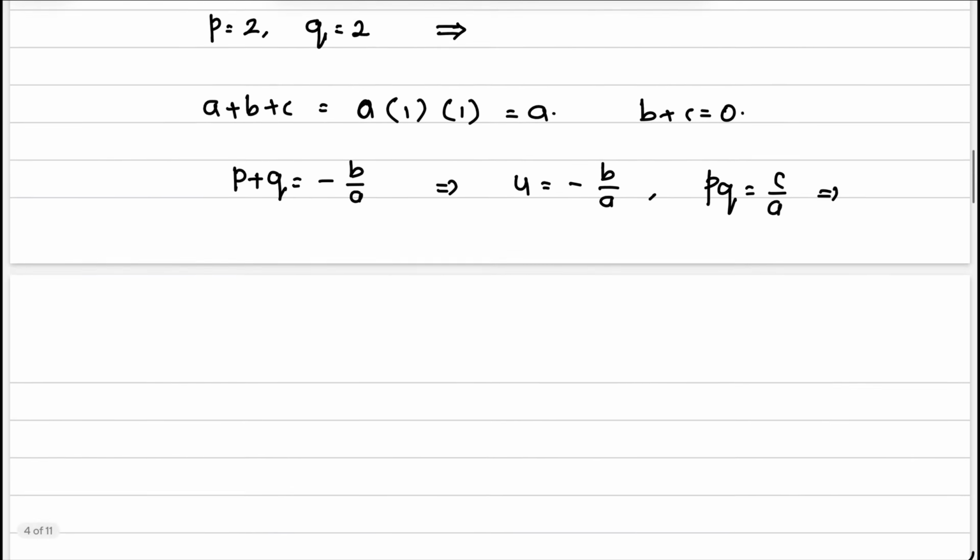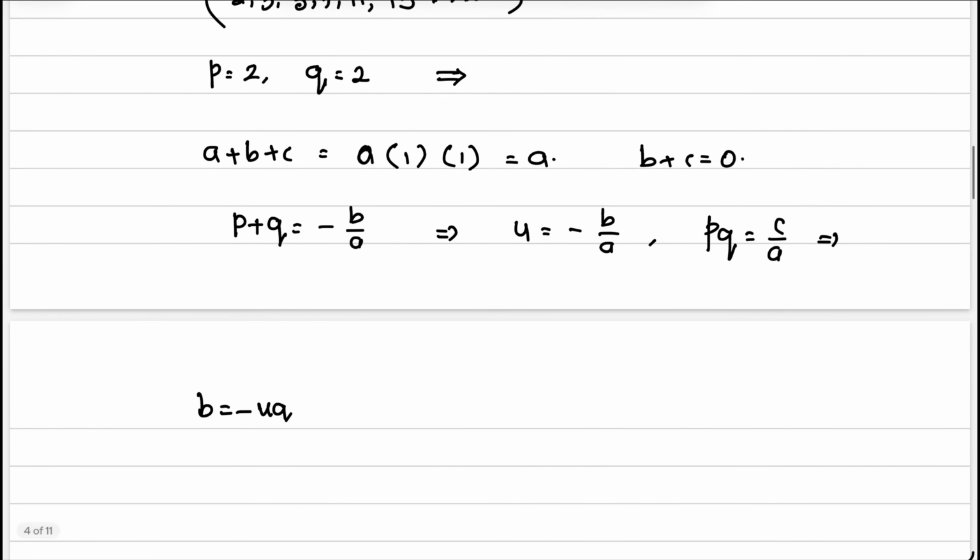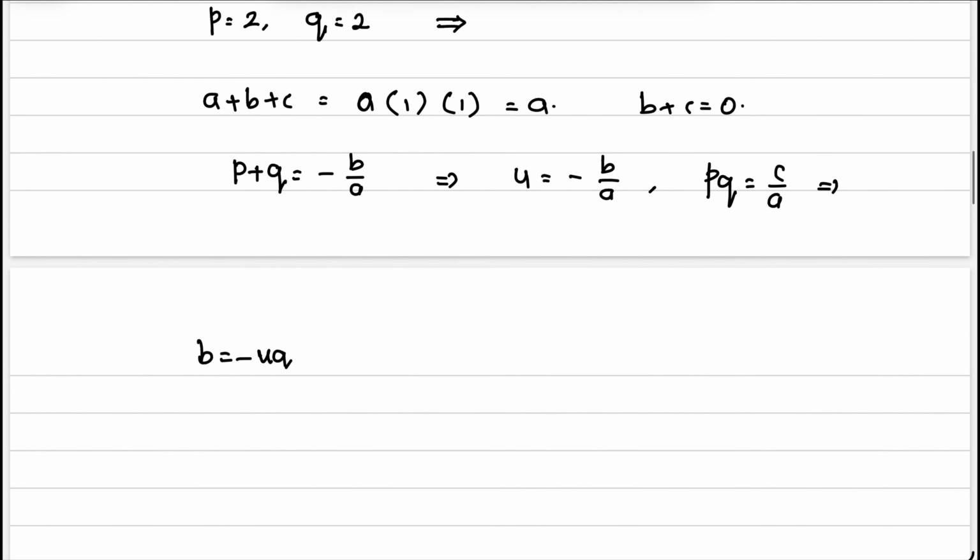That implies B is equal to minus 4A. What is the value of P into Q? That is also 4. 4A is equal to C. C is equal to 4A, B is equal to minus 4A.